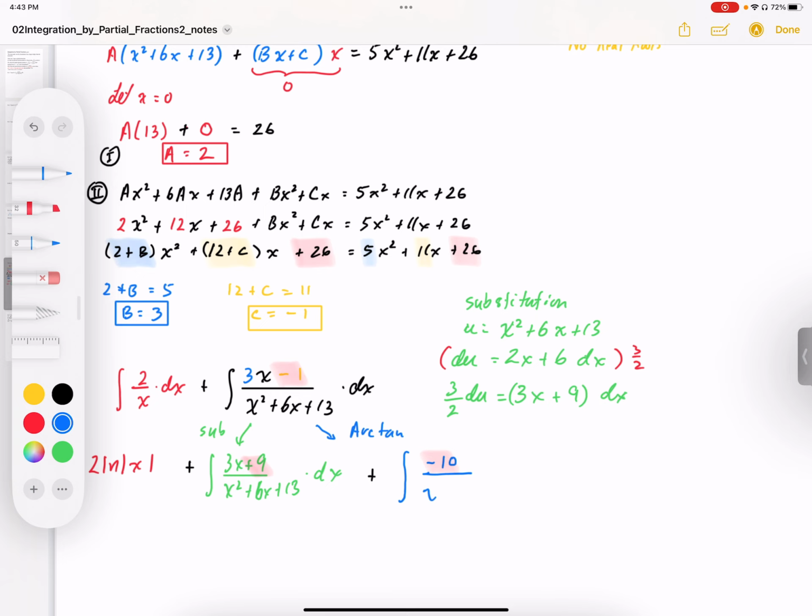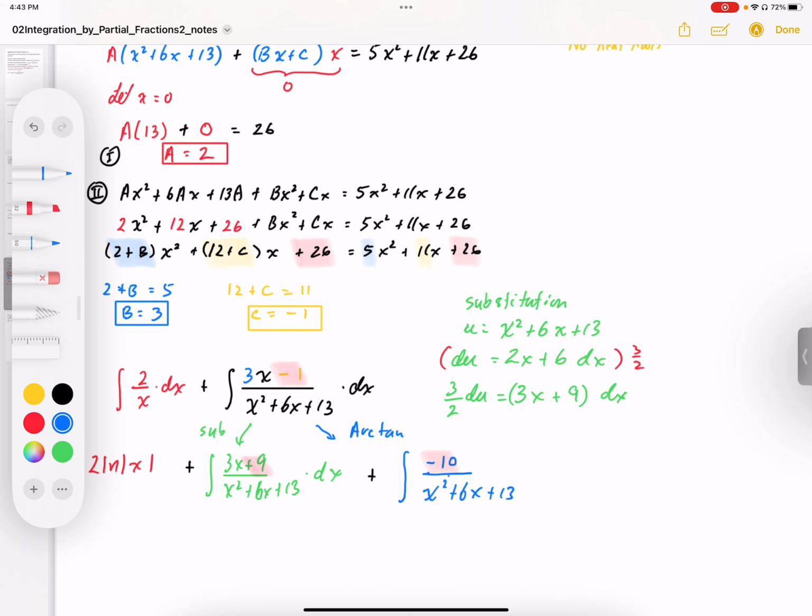And so I've split up my fraction into 3x plus 9, to which we'll be able to apply substitution, and then we're going to end up with this minus 10 over x squared plus 6x plus 13. And this portion we're going to apply arctan to.